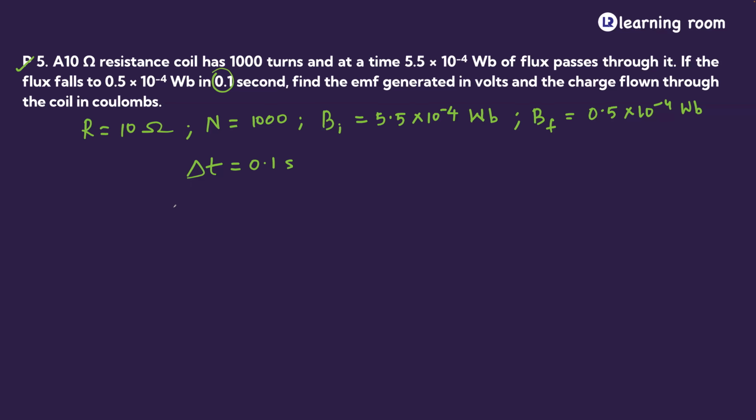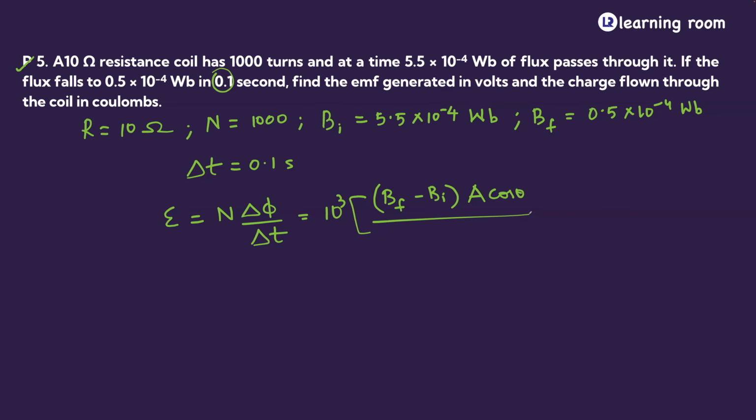EMF is equal to N into delta phi divided by delta t. What is the value of N? 1000, that is 10 power 3, into delta phi, which is phi 2 minus phi 1. Out of phi 2 and phi 1, what is the parameter changing? The magnetic field. So I can write B final minus B initial into A cos theta, the whole divided by delta t.